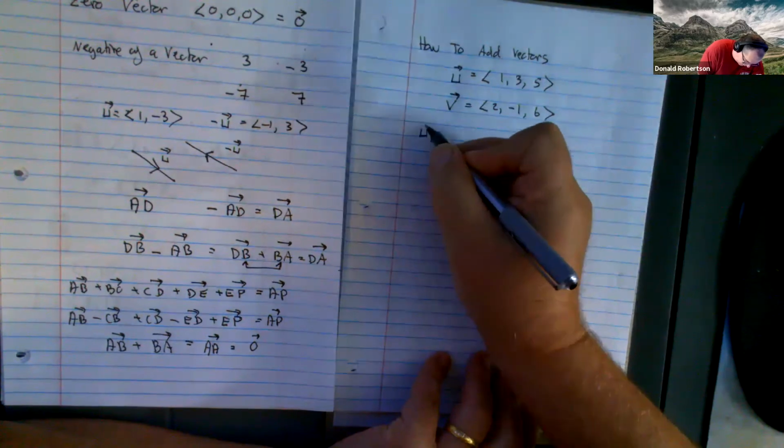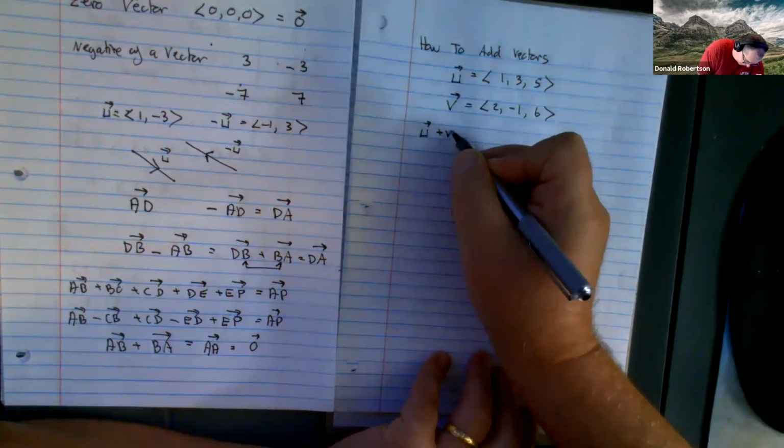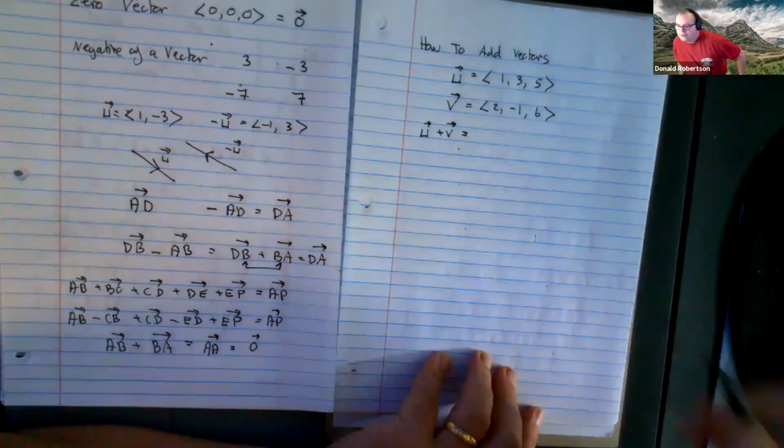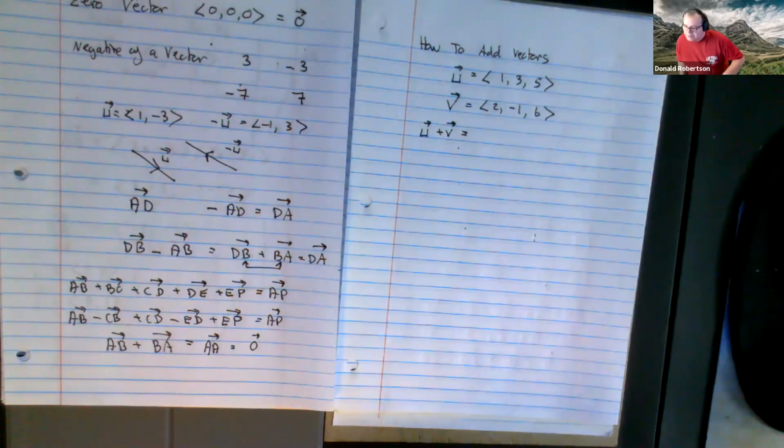It would be nice if we could find a way to add two vectors together, like AB plus BC kind of thing. Be nice if we could do that. The rule for doing it is remarkably straightforward. Intuitive, I would call it.